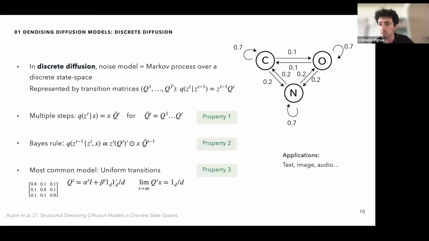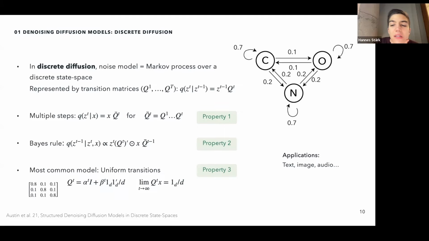And this depends on your noise model, of course, but the most common one is uniform transition. So the probability of jumping to another state is independent from the state. This is the formula written below. And of course, if you jump and jump, after some time, you converge to a uniform distribution.